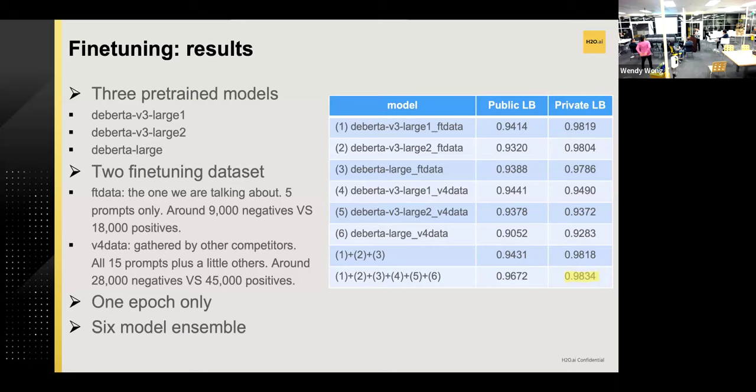Maybe the prompts or the essay topics are very different. It could be from the different topics, or maybe there's some difference in the generation of the positive data for the public and private leaderboard. Only the host knows. I don't know, to be honest.